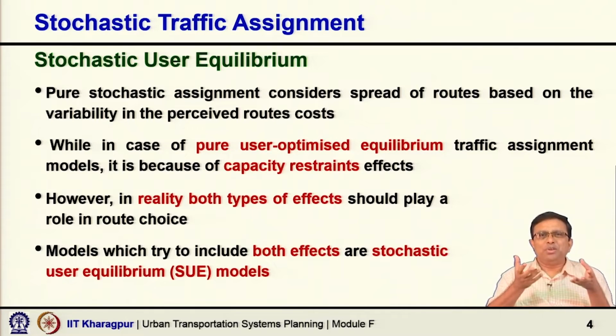So, when we try to consider both aspects together, the kind of equilibrium we are seeing is stochastic user equilibrium. Not just stochastic assignment, not just deterministic user equilibrium, DUE, but stochastic user equilibrium.